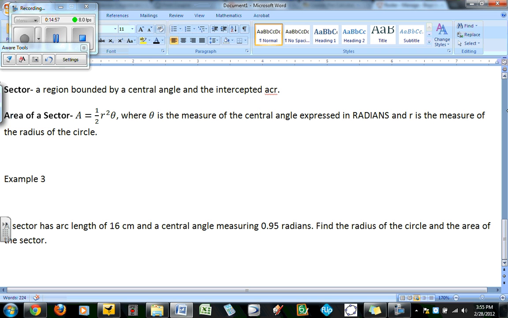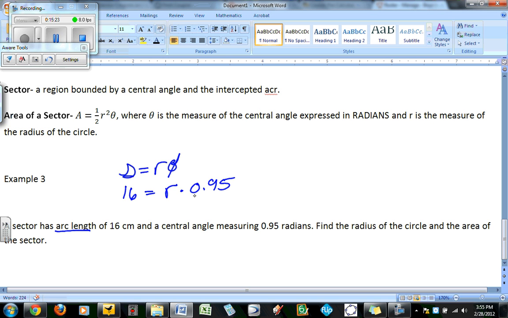Well, they give us some information here. It actually gives us an arc length, and we have to think back to last section where we said s equals r theta. All right. So we know the arc length is 16. We do not know what the radius is. That's actually what we're looking for, but we also know what the central angle is, and that's theta, 0.95.